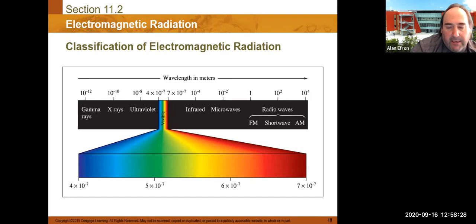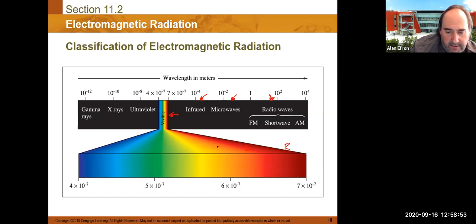The electromagnetic spectrum is broken off into different parts. So on the far right here, we have radio waves, like when we were listening to the radio in the car. Then we have some microwaves. We have infrared, IR. This again is the visible part of the spectrum. That is where we see color, and that is what we were just talking about with our ROY G. BIV, right?